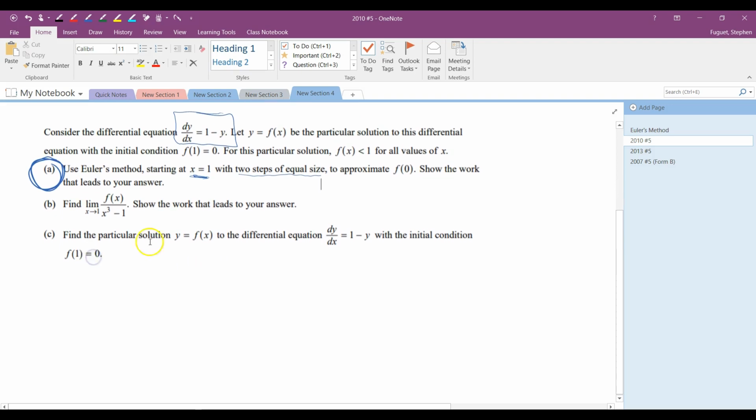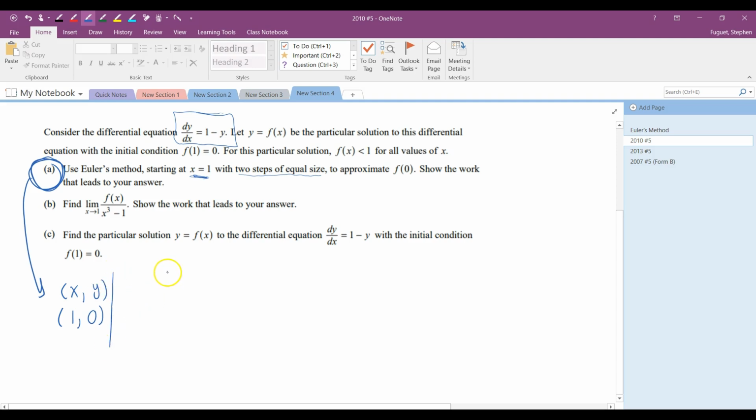So they've already acknowledged to us that the initial condition here of f(1) is going to be 0. And so when x equals 1, the y value is 0. So we already have our x, y value of where we're starting at. So we're going to start at (1, 0). Now we want to approximate f of 0.